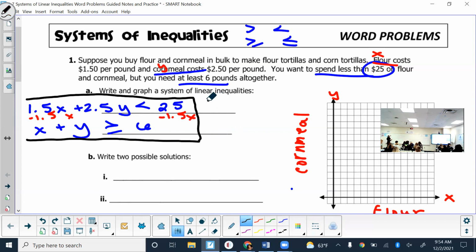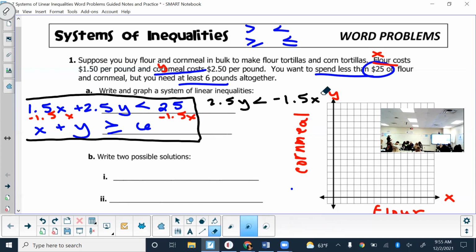I have 2.5y. I don't need to change the sign when I subtract. And what goes on the right side? The negative 1.5x, and what else? Plus 25.